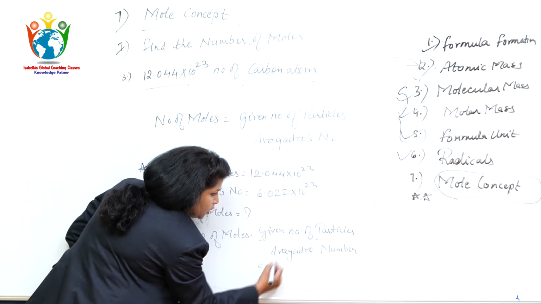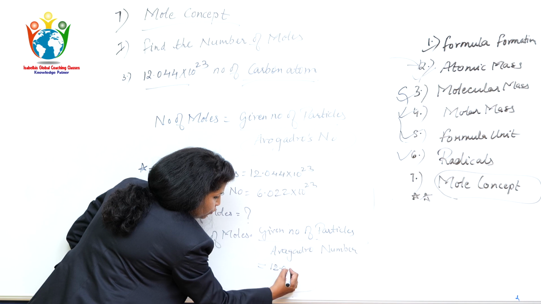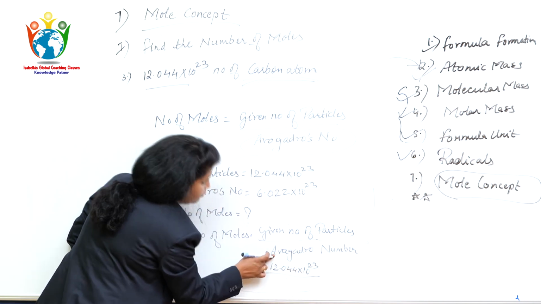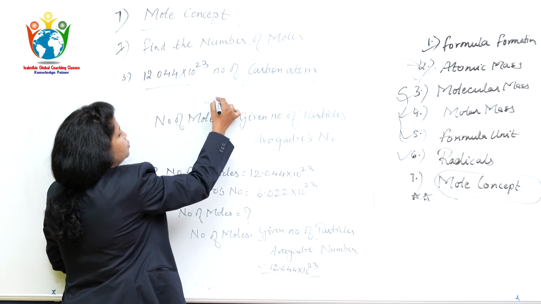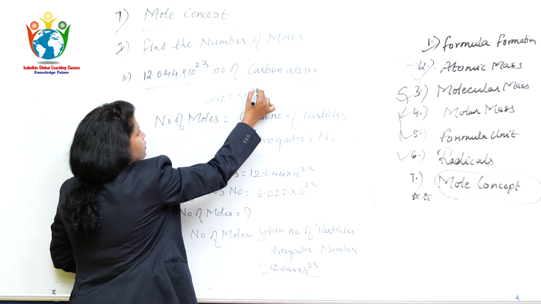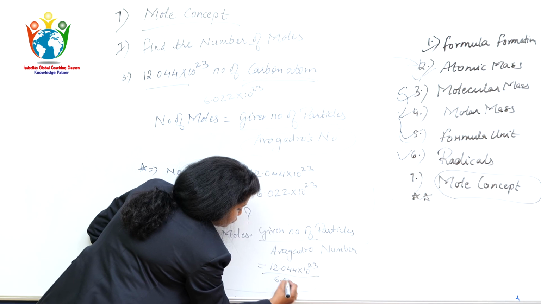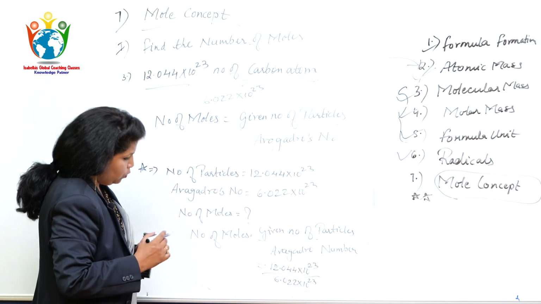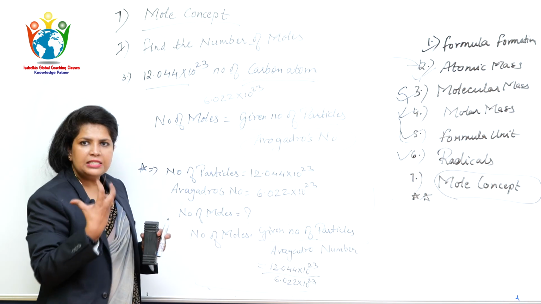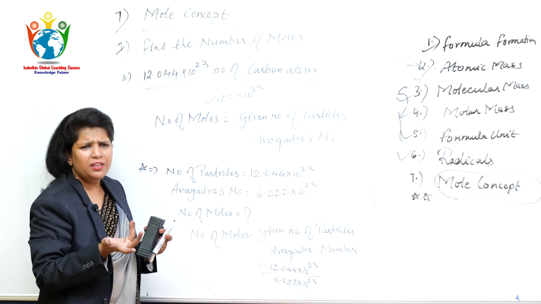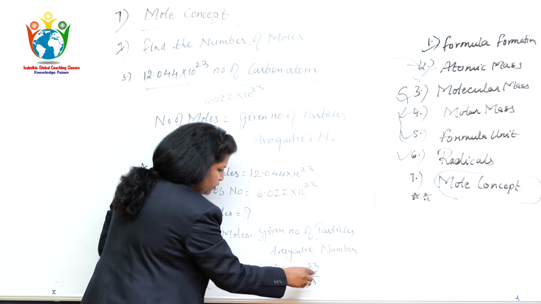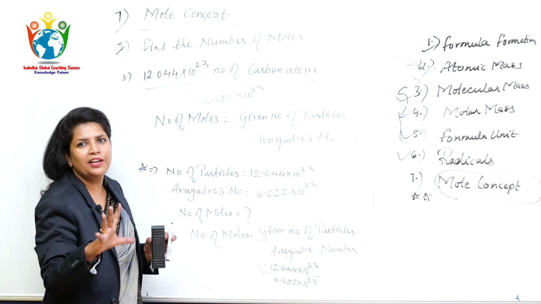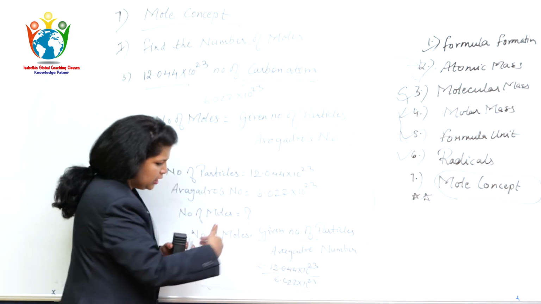Yes, we can. 12.044 into 10 raised to 23 upon Avogadro number, I have already told you, 6.022 into 10 raised to 23. Okay. Now, you very well know after decimal, if it is 0, it doesn't have any value. You can straightforward cancel, because if you sit with this solving, the entire day will get over but the answer will not come. So, cancel it.